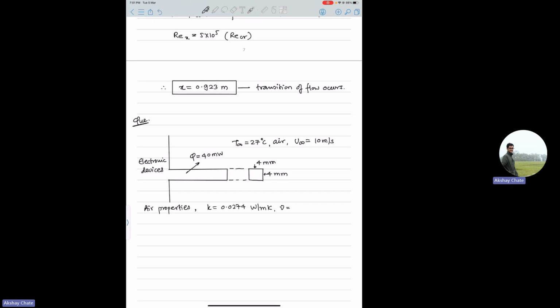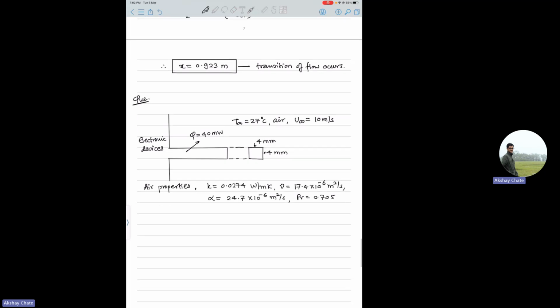They have given dynamic viscosity and kinematic viscosity directly here. And they have given alpha also. Alpha is k by rho Cp, right? So that value is also given directly. And the Prandtl number for the air is given as 0.705.